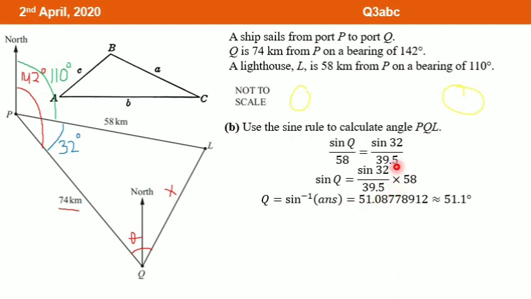Please do not calculate this first. We have to move the 58 first, right there. This is division, right? So when I move it there, the opposite of division will be multiplication. So I can multiply it later when it has already made sin Q the subject of the formula. So you can calculate it as 51.1 degrees.